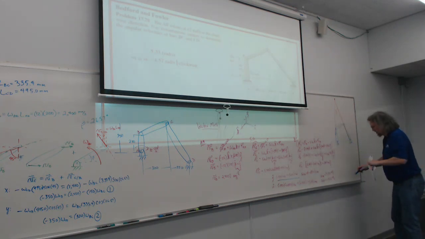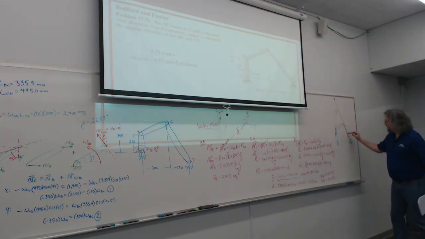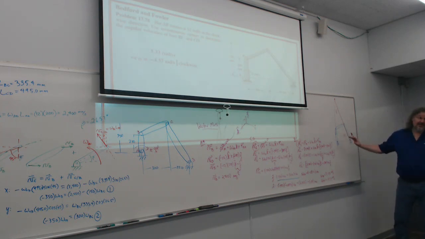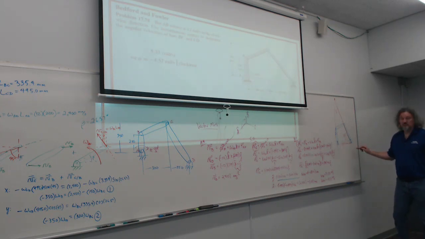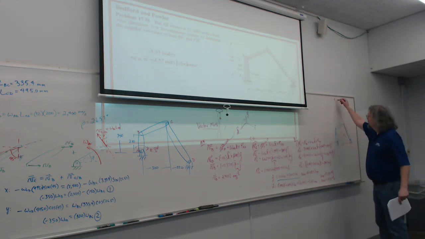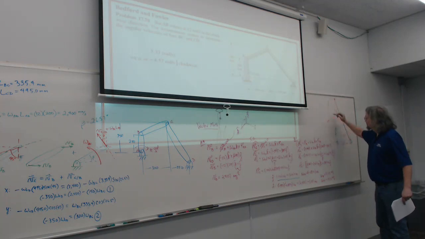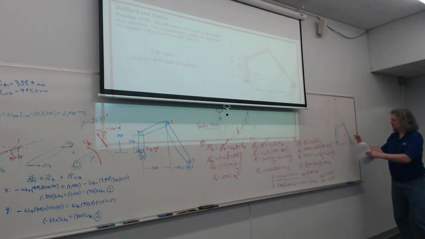And I know this is 45 degrees, so I could find that length right there, even though I didn't draw it this way. This one right here should be 650. We're all in agreement? If that's 45, this thing must be 650, even though it doesn't look it.